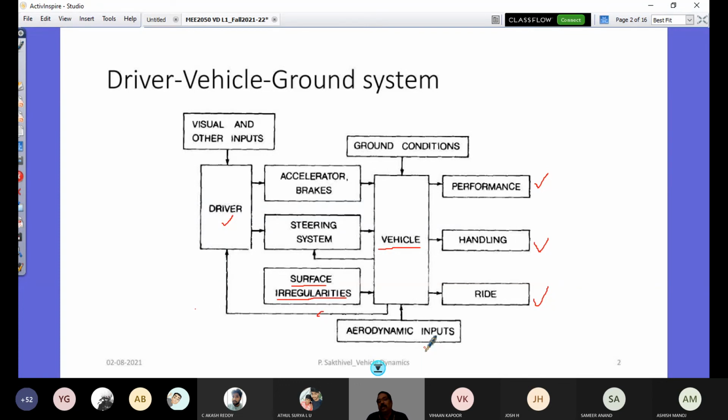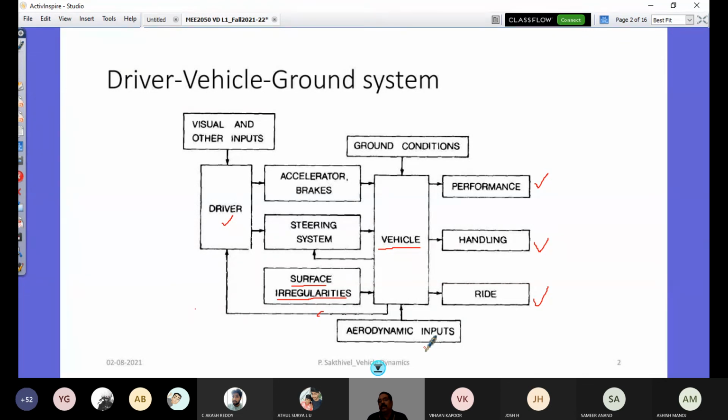It is going to be interacting with sources like the road surface and your aerodynamics, other ground conditions and so on. So anything that is interacting with the vehicle can act as a source of vibration as well as noise. So if your vehicle is designed well to account for these aspects of vibration and noise with the recommended standards that are there, like the SAE standard for ride comfort, ISO 2631 whole body vibration for ride comfort.